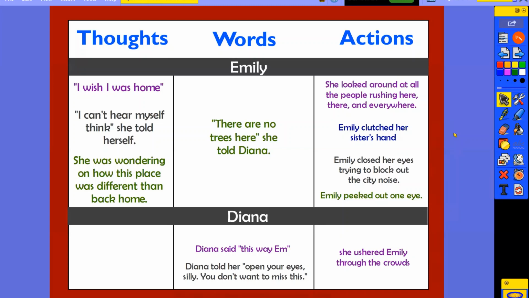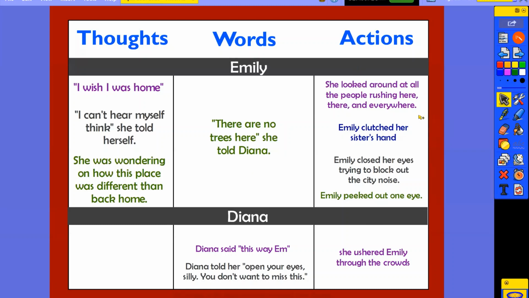We can say that based on these thoughts, words, and actions, Emily was scared, right? Because she wished she was home. She was not comfortable. She could not hear herself think. And she was comparing this place to back home. And she also told her sister, there are no trees here. So it means that it's a big change and she is yet to get adjusted.